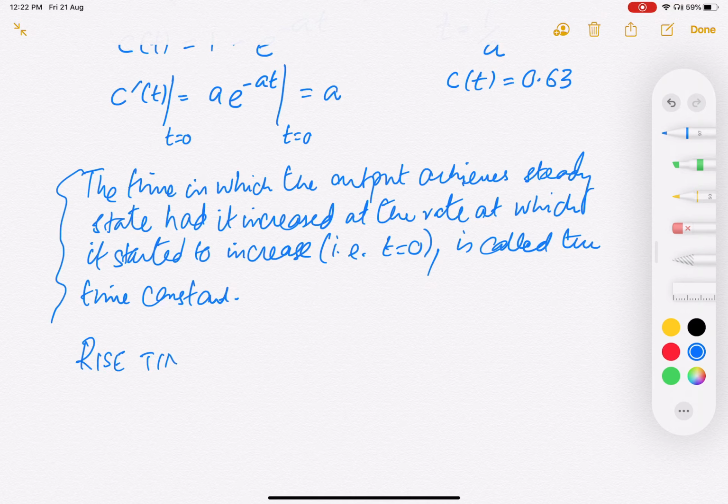Rise time is the time taken for this waveform to go from 10% to 90% of its final value. So the time that it takes to move from 10% of its final value, which is 0.1 in this case, to 90% of its final value, which is 0.9 in this case, is called the rise time.